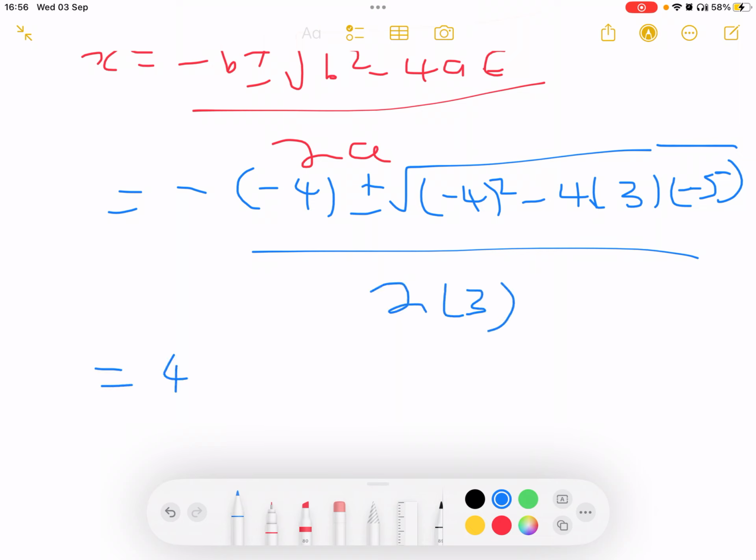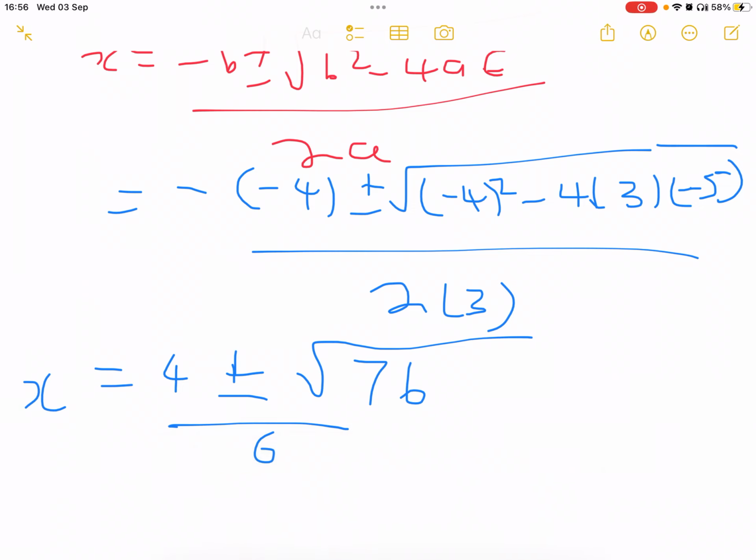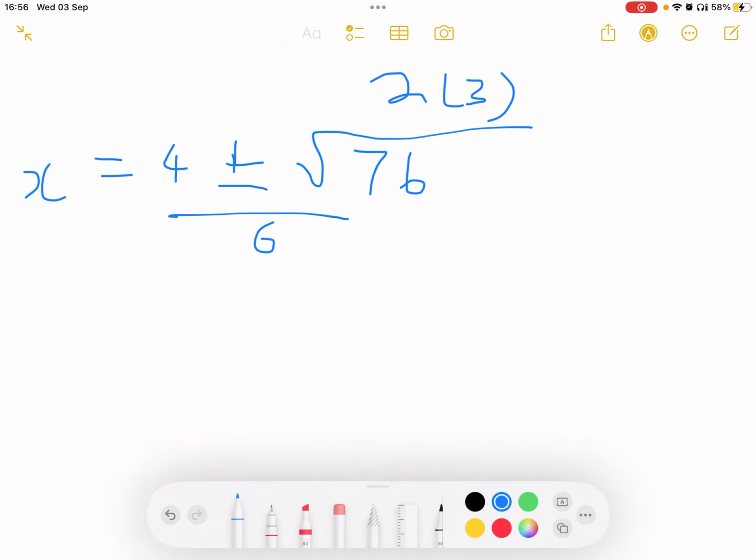And this becomes 4 plus or minus. Normally I'll take the calculator and punch everything that's inside the square root, and in doing that, I got 76 all over 6. That means x is equal to 4 plus or minus the square root of 76, all over 6.